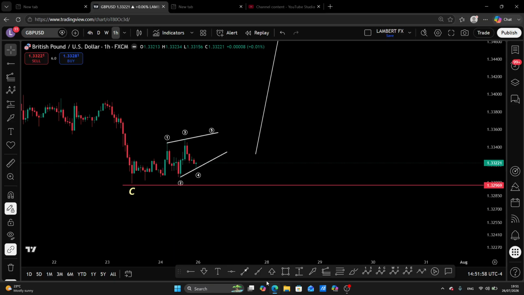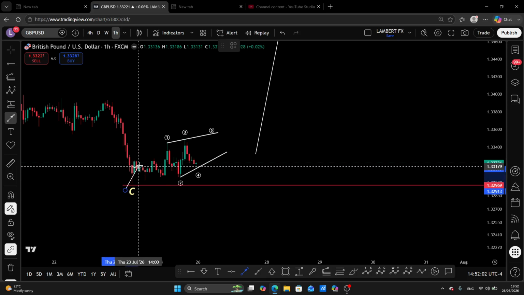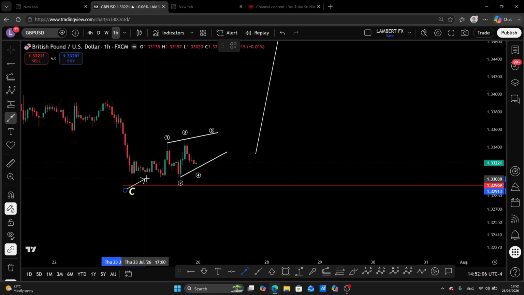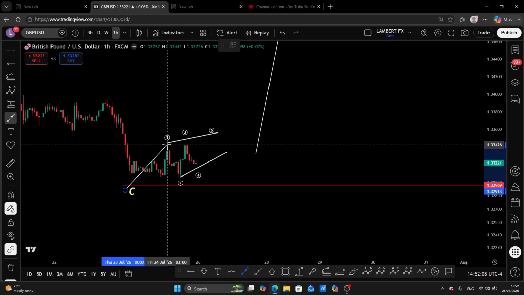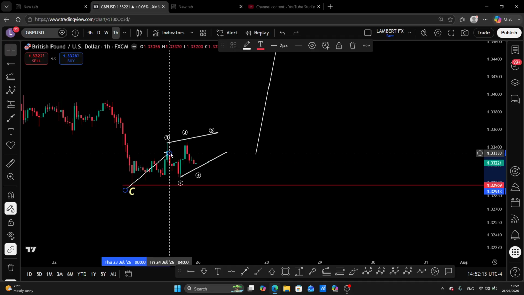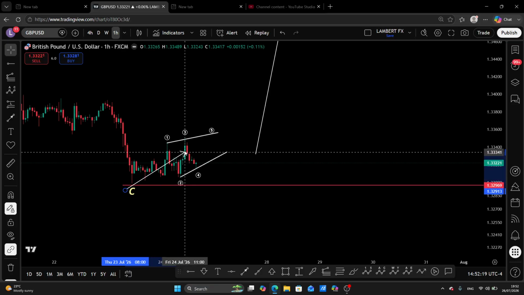If you take a look, we have this push up for A, for B, and then a push up for C for 1. And then we had an A, B, C for 2. We had an A, B, C for 3.